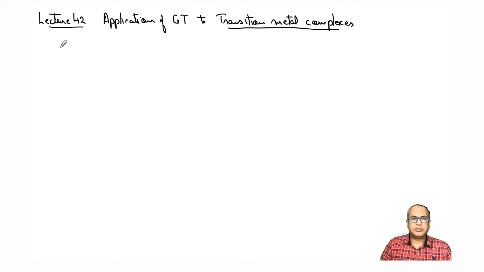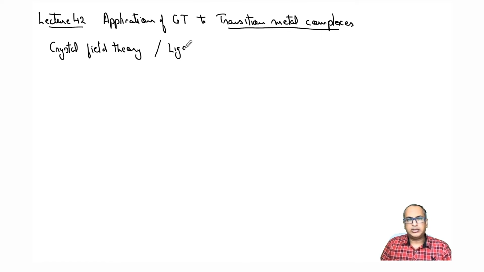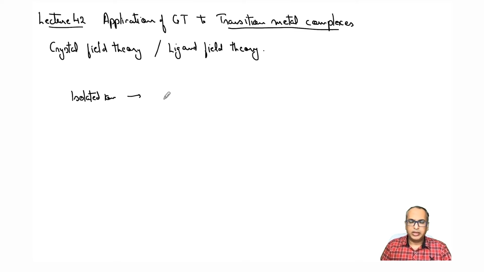Now this is typically explained by crystal field theory, or the updated version of that, ligand field theory, where we'll see what the differences are. Okay, so how did the discussion start with crystal field? If you take an isolated ion, and if the symmetry of the surroundings is taken into consideration.